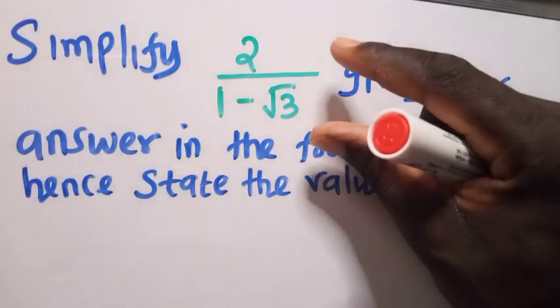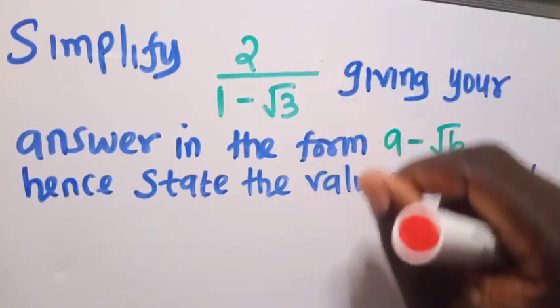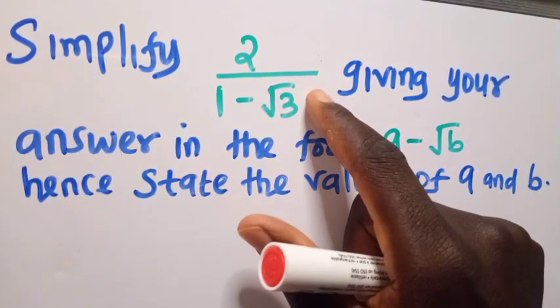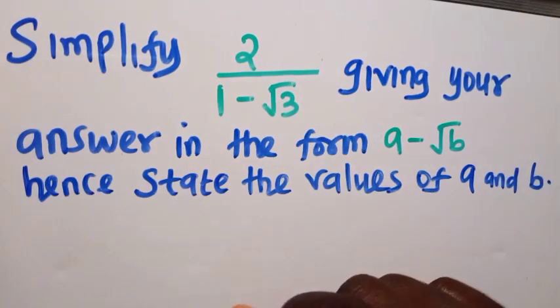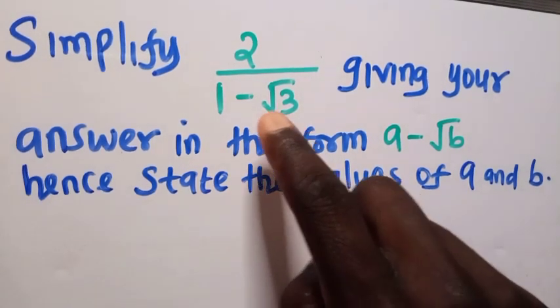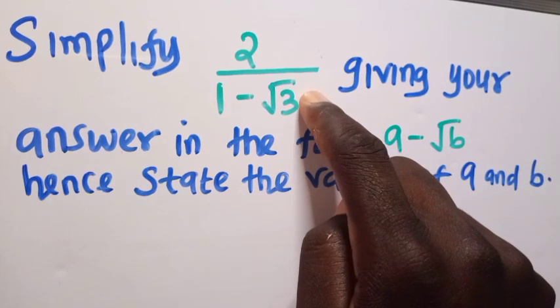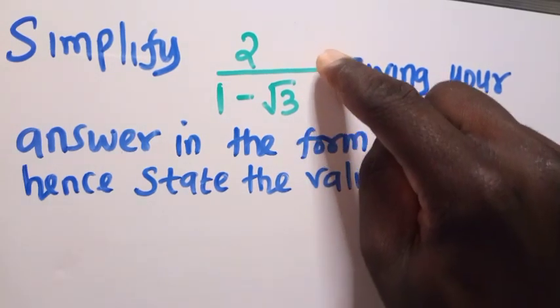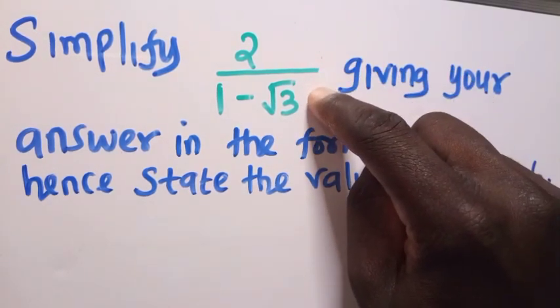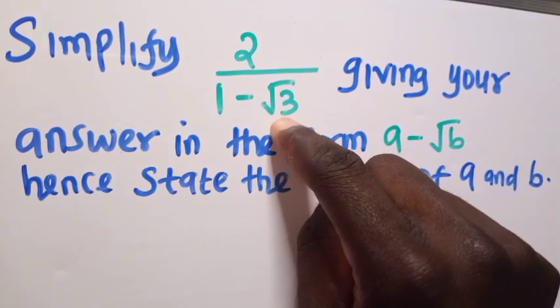Now, we want to simplify this surd. And how do we simplify this surd? This is what we shall do. We take the conjugate of the denominator and we multiply both the numerator and the denominator by the conjugate of the denominator.